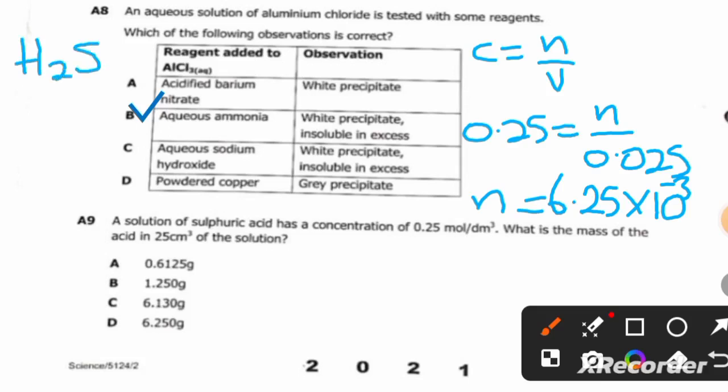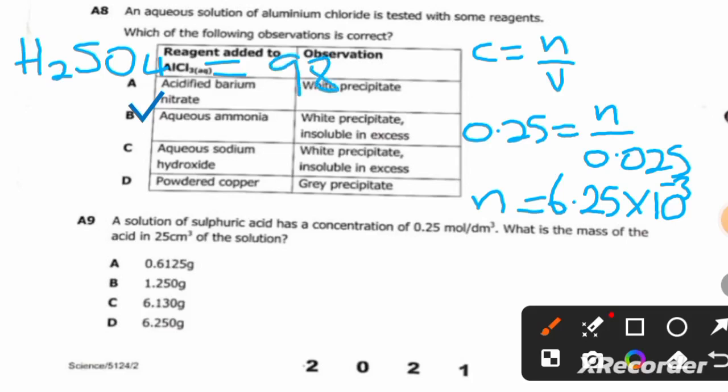So this is the formula for sulfuric acid. Good. The molar mass of sulfuric acid is 98.